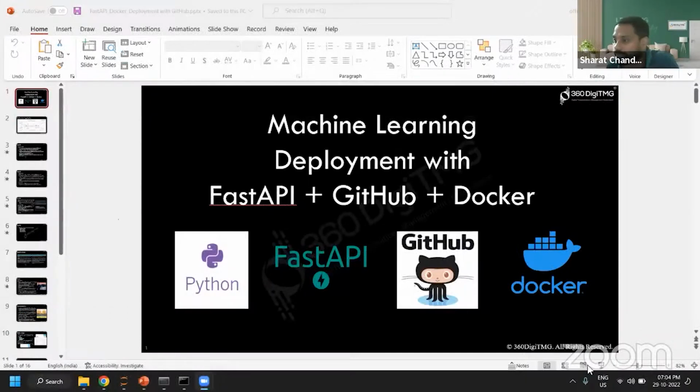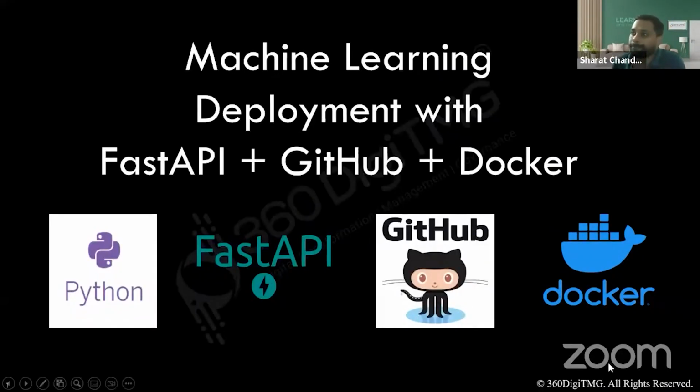Okay, so there you go, friends. We are going to try and do deployment of machine learning models using FastAPI and Docker. Of course, we will also have the intermediate things like Python programming, which is the heart and soul of the entire development.